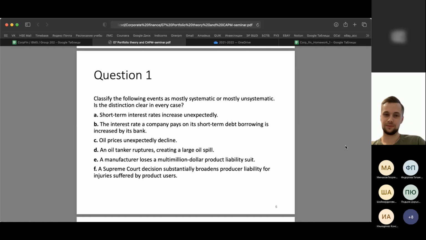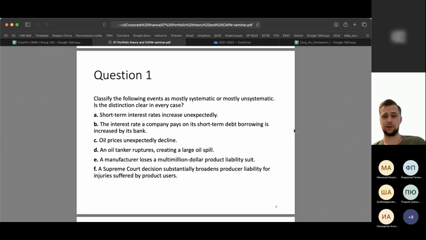About D. An oil tanker ruptures and creates a large oil spill. I think it's maybe unsystematic because it sounds like it doesn't happen to each company in the market. Yeah, it happens once, and that's why it's unsystematic.